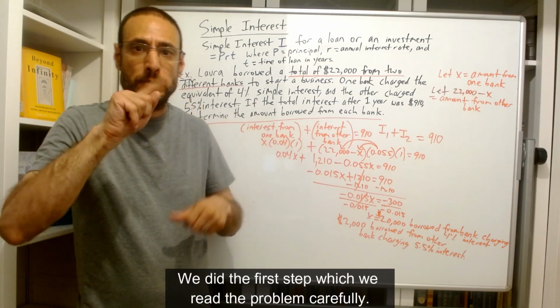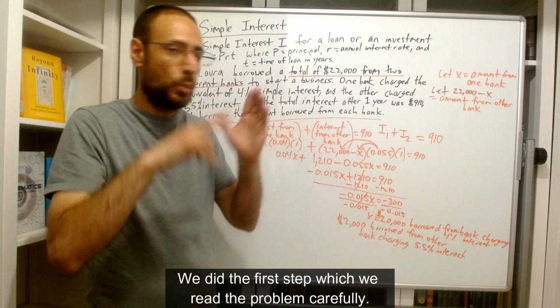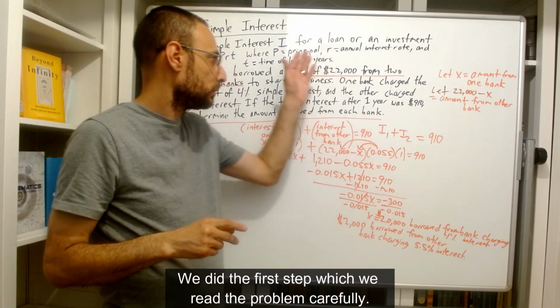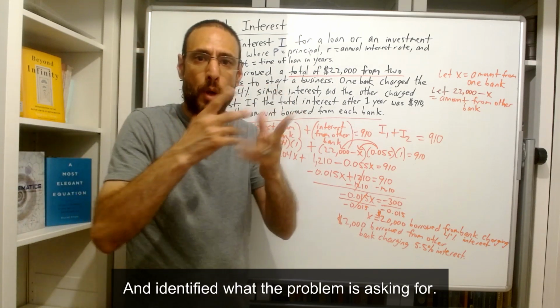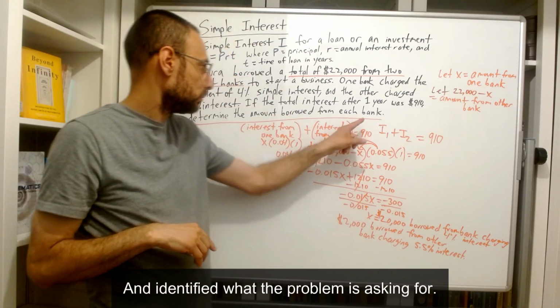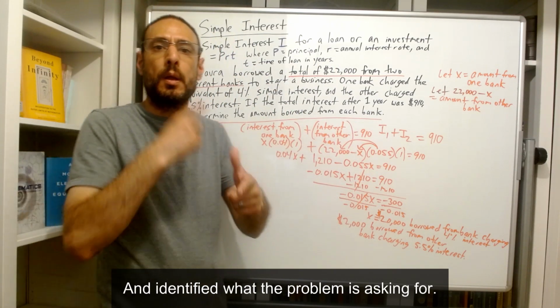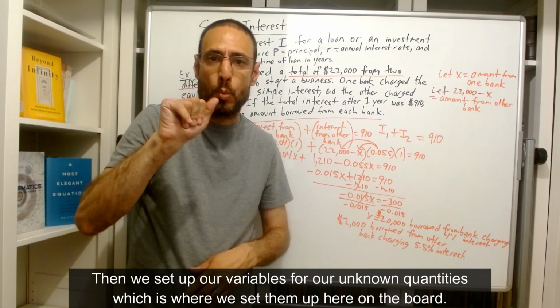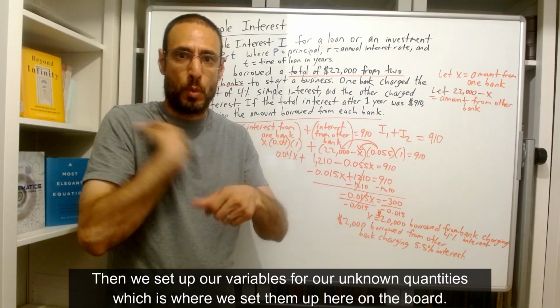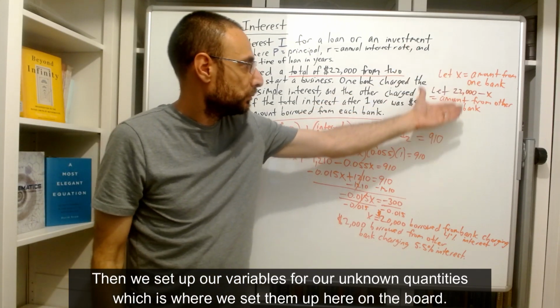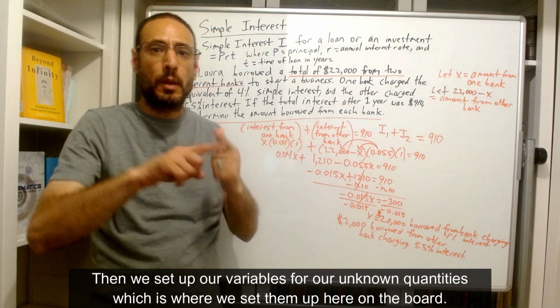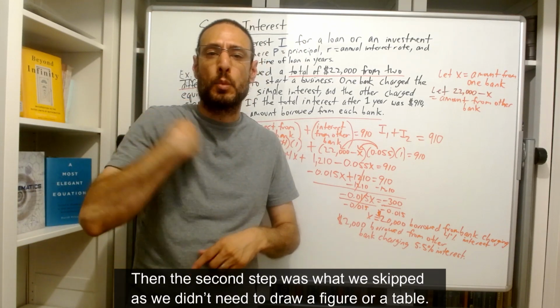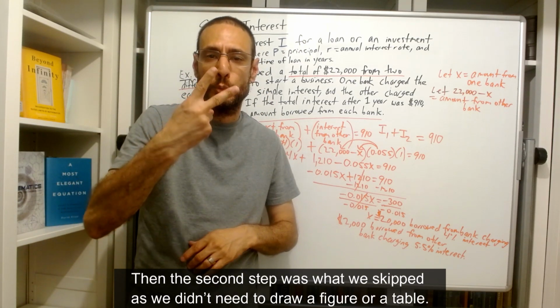We did the first step, which was to read the problem carefully and identify what the problem is asking for. Then we set up our variables for our unknown quantities, which is where we set them up here on the board. Then the second step was what we skipped, as we didn't need to draw a figure or a table.